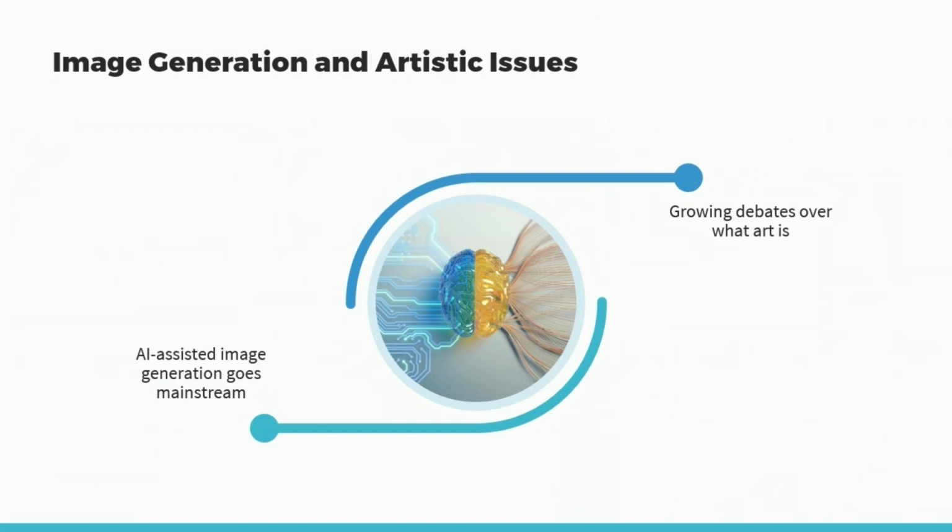Or is it the artist that originally created the training data that the AI was trained on? It becomes a very strange legal and legislative issue, and that's something we're trying to figure out today. This is the idea of the artistic issues in image generation, as well as a brief history of what is happening with our image generators.